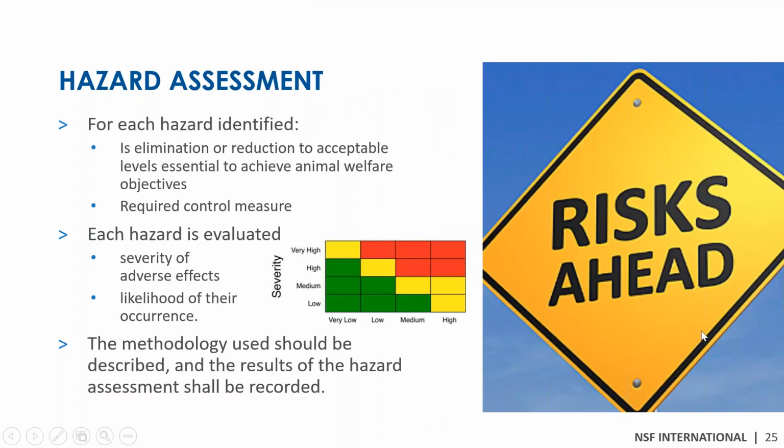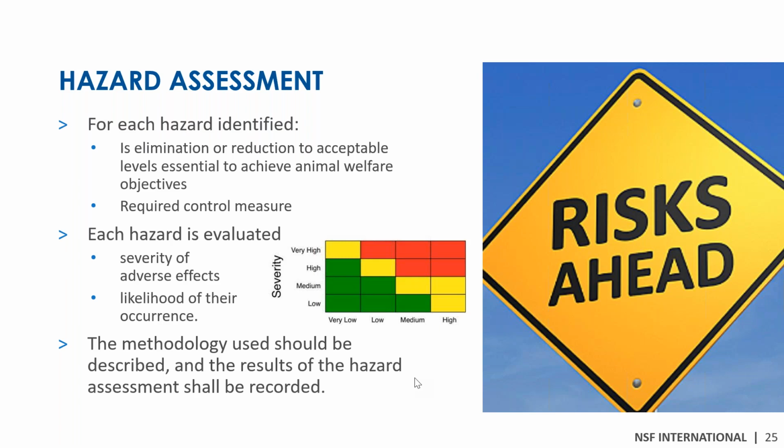Okay. Once you've identified all your hazards, then the next step is to take a look at assessing each of those hazards and determine whether or not you need to do something to eliminate or reduce it to an acceptable level. And that will help you achieve your animal welfare objectives that you've already identified if you've gone through the management system approach to this.